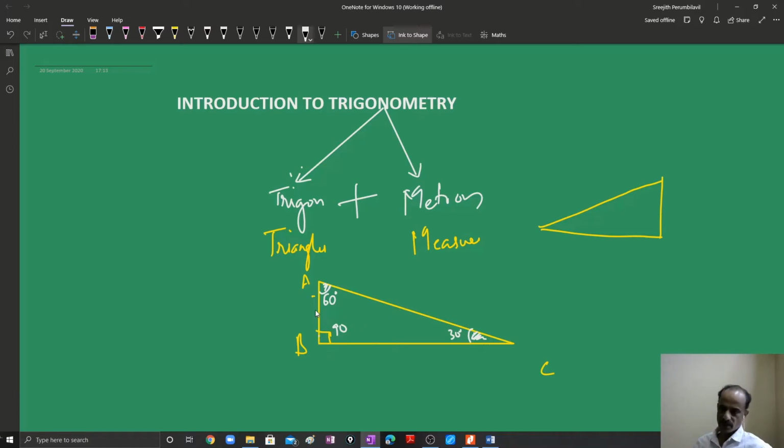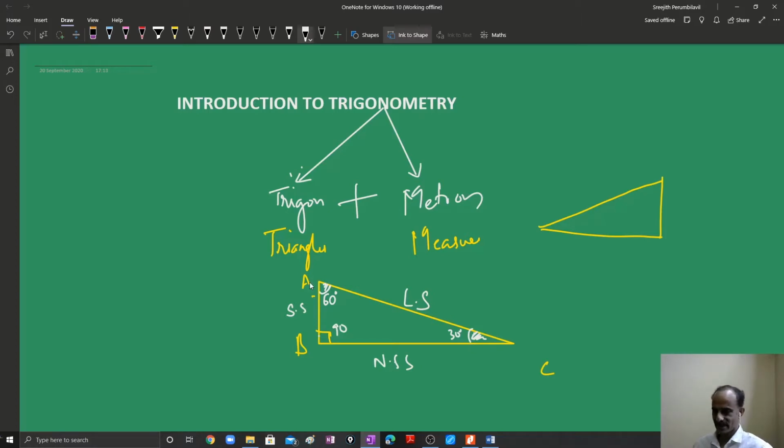When you look at the corresponding sides, this is the shortest side, the next shortest side, and the longest side. So the longest side lies opposite to the largest angle, and the shortest side lies opposite to the smallest angle.